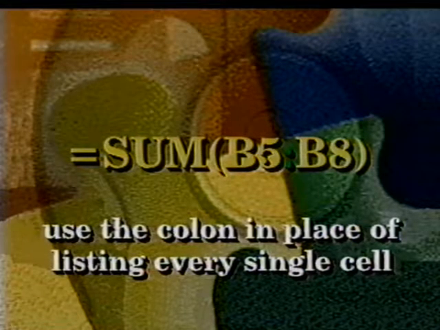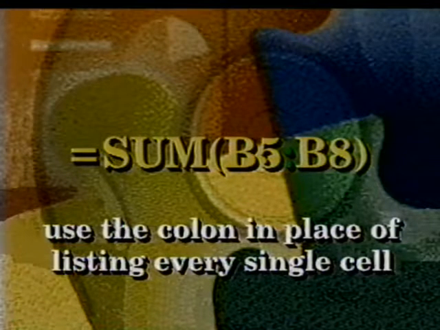Cell B5 represents the first cell in the series to be included in the calculation, B8 indicates the last cell to be included with the calculation, and the colon between them indicates that all cells between B5 and B8 are a part of the calculation. The colon saves the time that it would have taken having to list every single cell to be included.